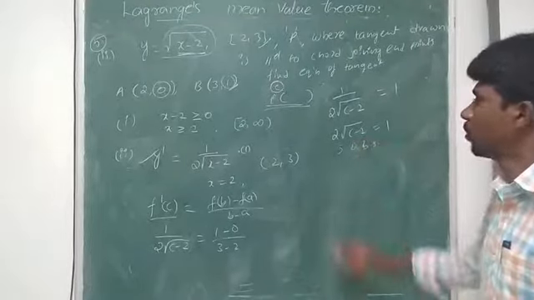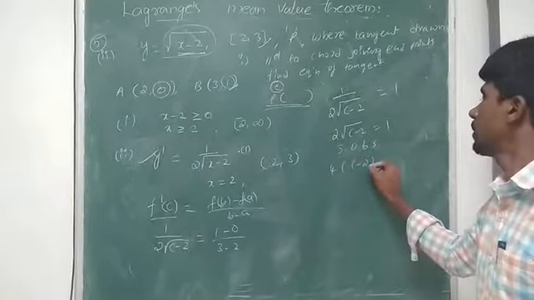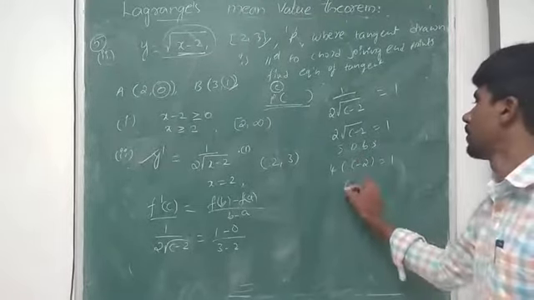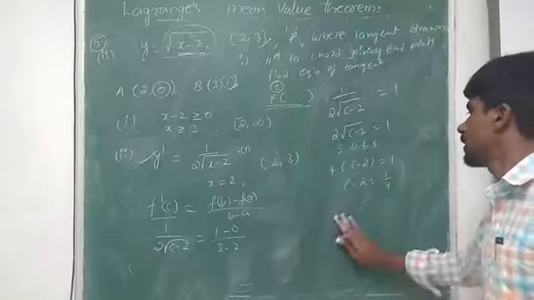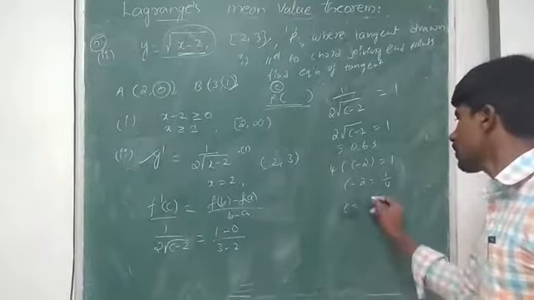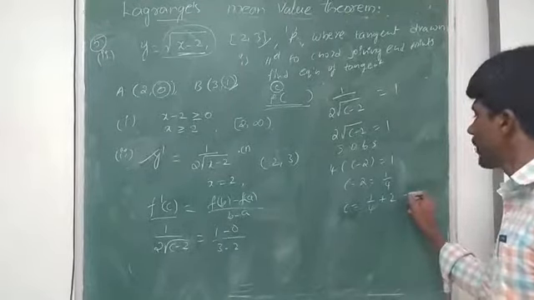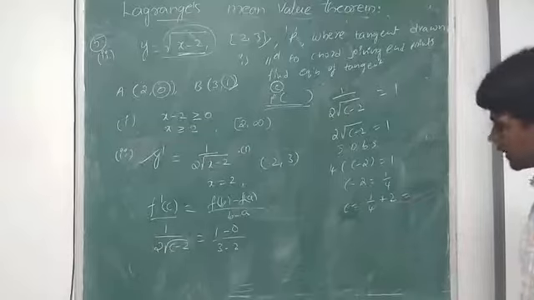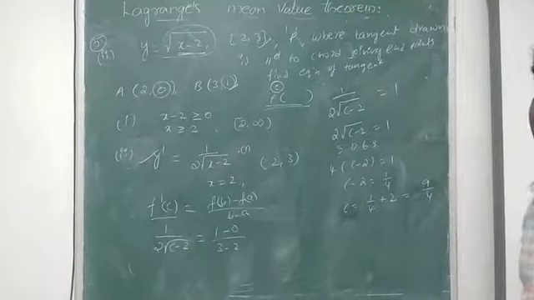Squaring on both sides, we get 4 into c minus 2 equal to 1. c minus 2 equals 1 by 4. c is equal to 1 by 4 plus 2. 2 fours are 8, 8 plus 1 is 9, so 9 by 4. That's what we got.